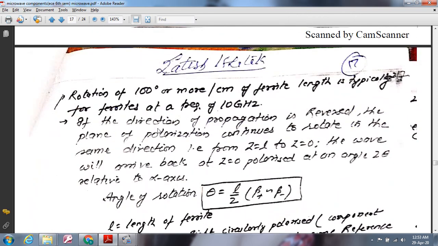Also, if the direction of propagation is reversed, the plane of polarization continues to rotate in the same direction.